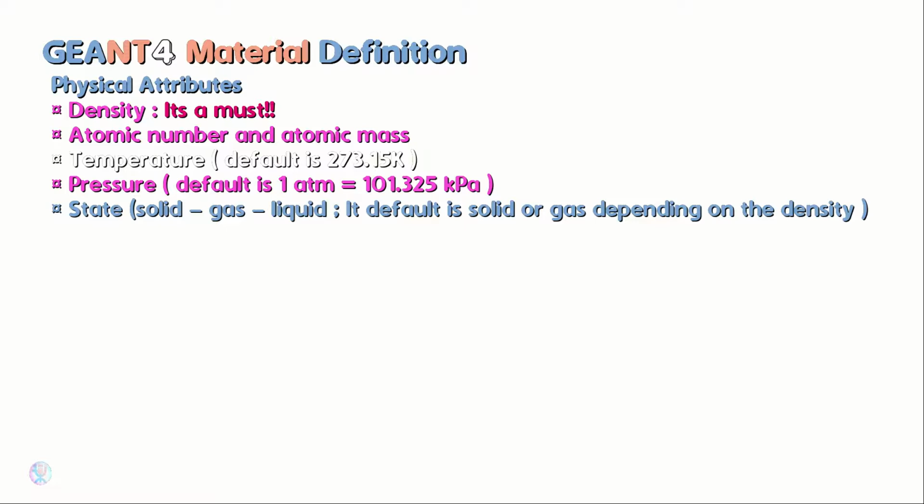So for right now, we don't change any temperature, pressure, and state, only focusing on the density, atomic number, and the atomic mass. But we need to describe these attributes if we define it manually. If you define it by calling the NIST library, you don't need to define the density, atomic number, and the atomic mass.